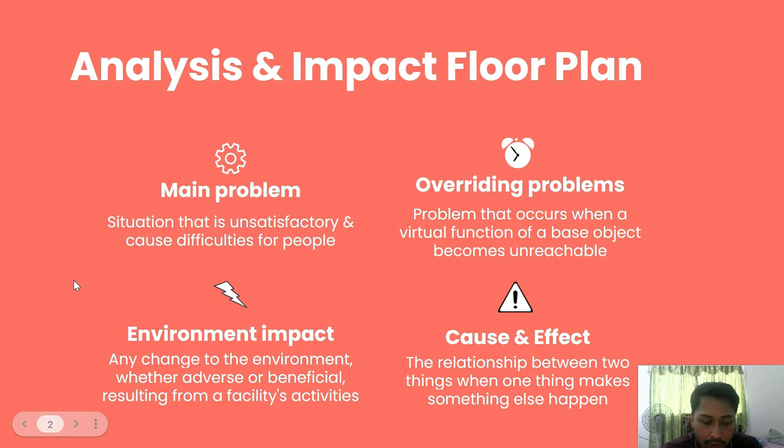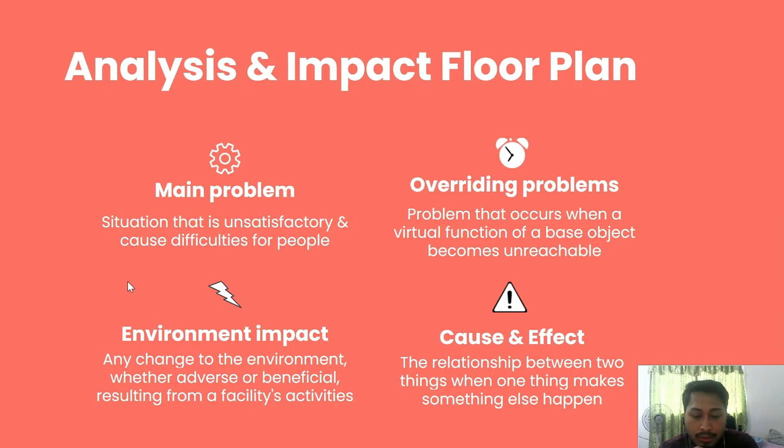And for environmental impact, we need to be alert to any change that occurs to the environment resulting from a facility's activities. For the last one, cause and effect, we need to find the relationship between two things when one thing makes something else happen. So we go to the next slide.